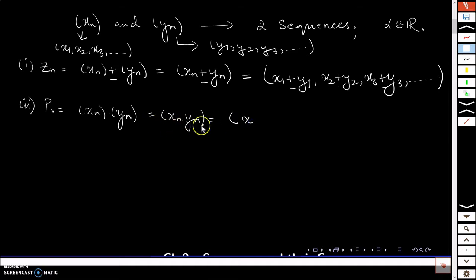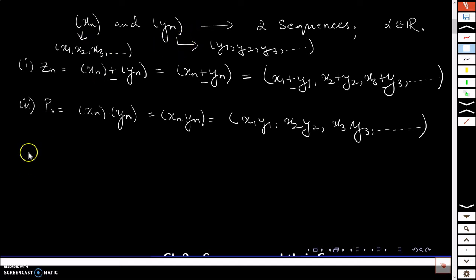The elements here will be the product of the corresponding terms of the sequences xn and yn. So that will be x1 into y1, x2 into y2, x3 into y3 and so on. So this way you can generate one more sequence from the given two sequences.